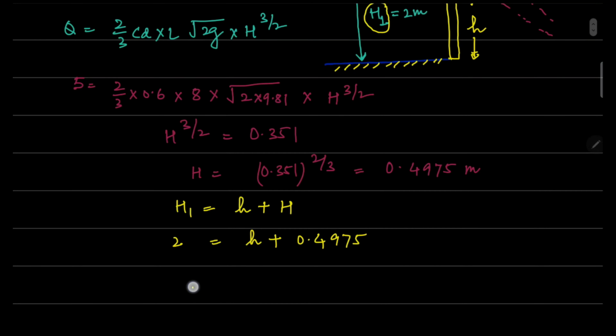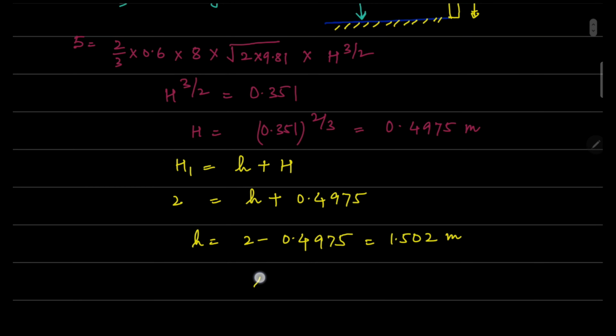So the h value will be 2 minus 0.4975, which comes out to be 1.502 meter. So that is our answer, the height of the weir is 1.502 meter.